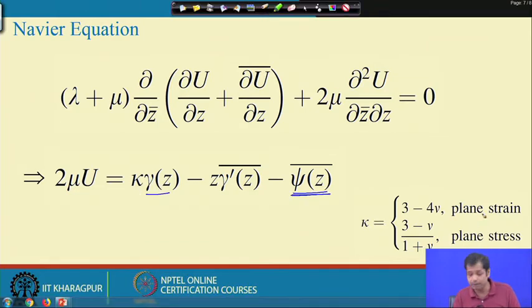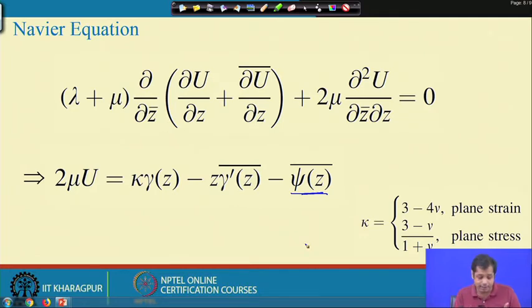Kappa depends on whether it is a plane stress problem or a plane strain problem; this value is for plane strain, and this is for plane stress. And then the relation between psi and the chi that we discussed in the stress formulation will shortly come.